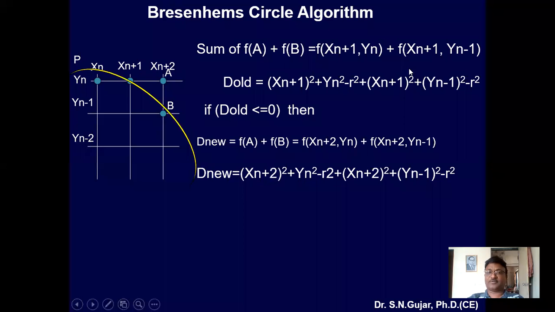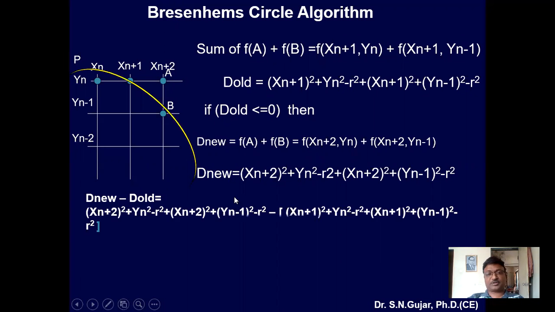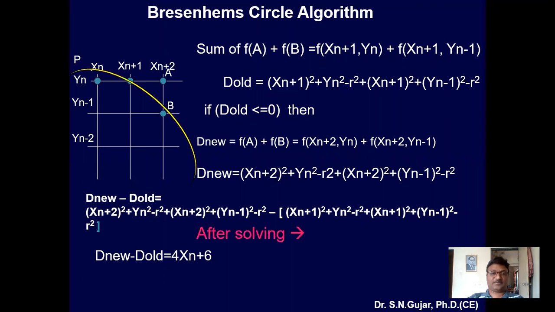So that is by using the equation of the circle. Now you have to subtract d old from d new. Put the d new value over here first and then the d old value over here. Solve this equation, then after solving, d new minus d old is equal to 4xn plus 6.